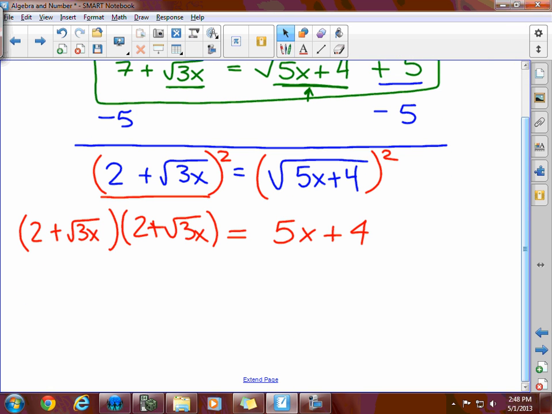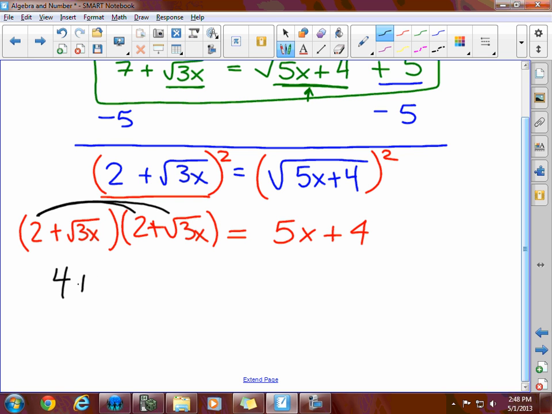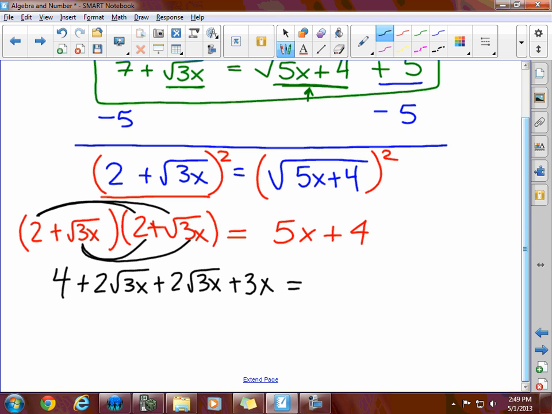In order to do it, I have to organize my work fairly well. 2 times 2, that's a 4, and 2 times the root of 3x is 2 root 3x, and then the root of 3x times 2 is 2 root 3x, and now the root of 3x times the root of 3x: if I multiply two identical radicals, I am simply left with the radicand, so I get 3x there, and this still all equals the 5x plus 4.